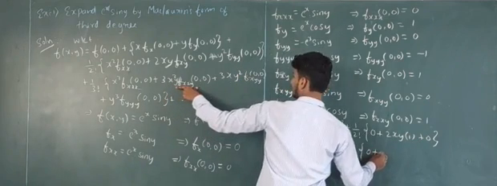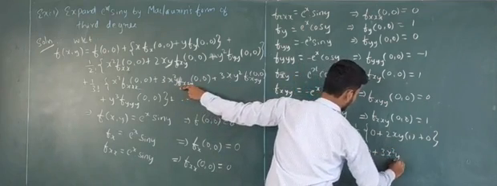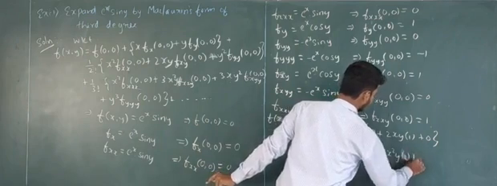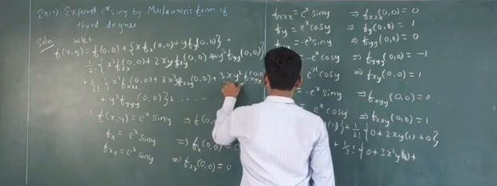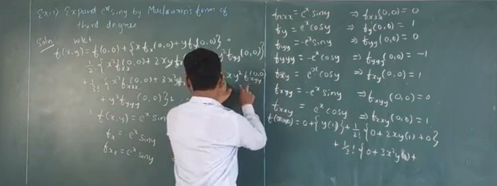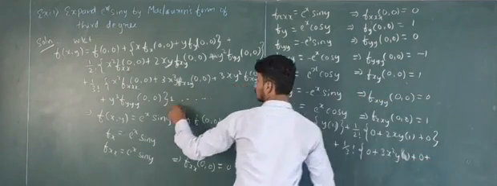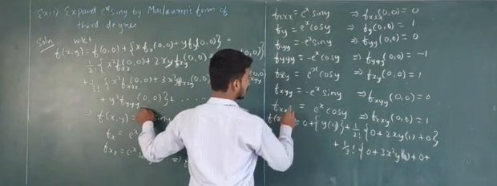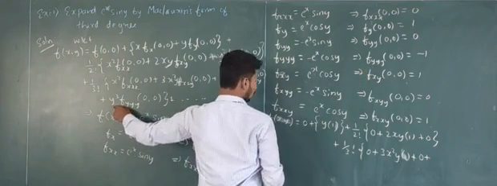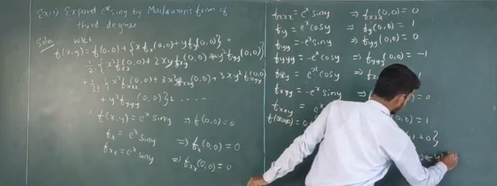So we will write here 3x square y into 1, plus function 1 time with respect to x and 2 times with respect to y is 0, so this will be 0. Next function 3 times with respect to x is minus 1. So we will write this as minus y cube.